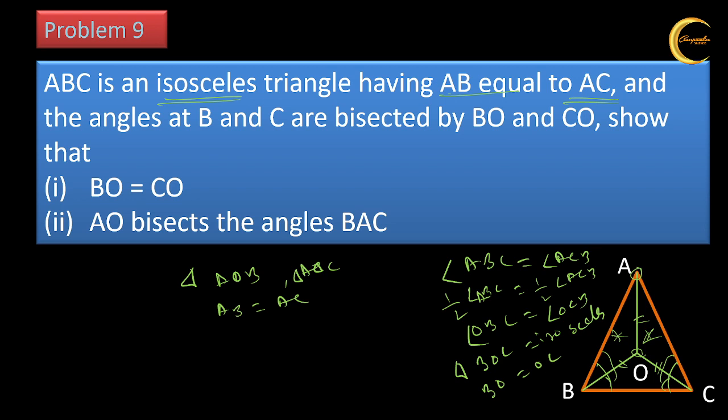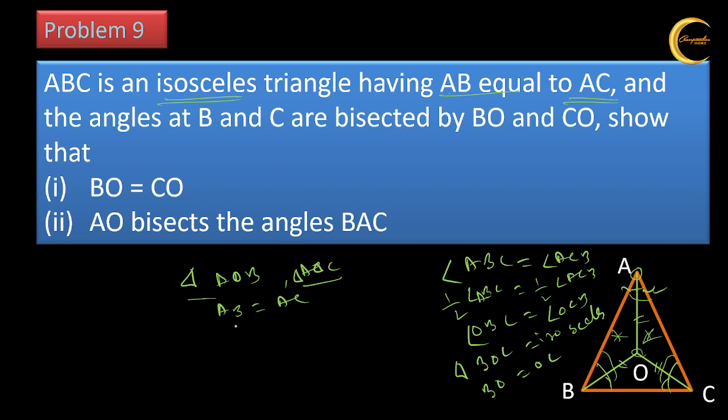And AO bisects the angle BAC. Now you see, now comes to the point. This AO line bisects this angle BAC, which means angle BAO equals this angle. Now you see here triangle AOB and triangle AOC.